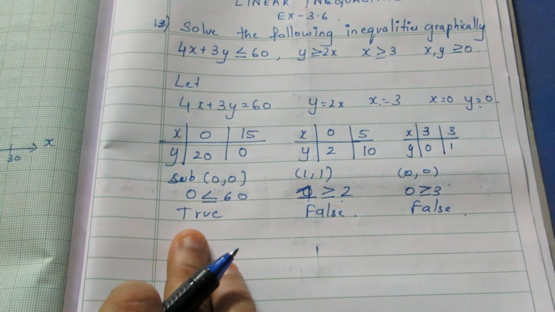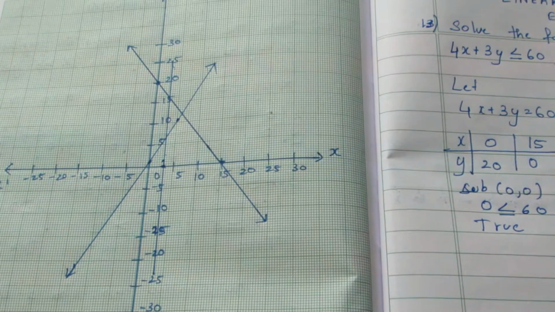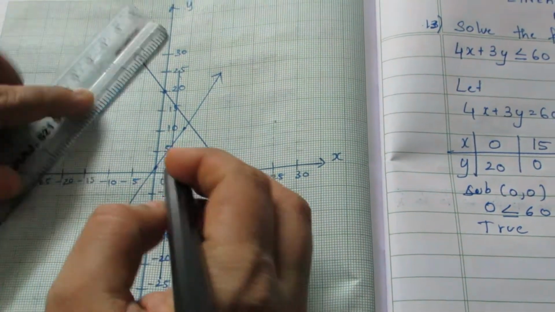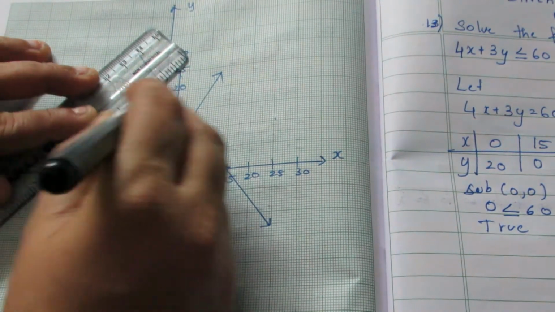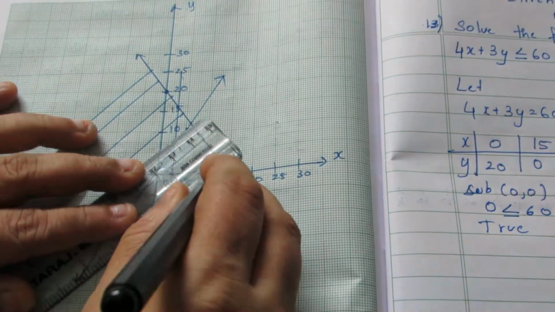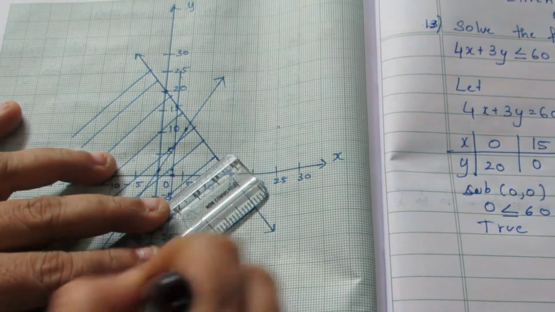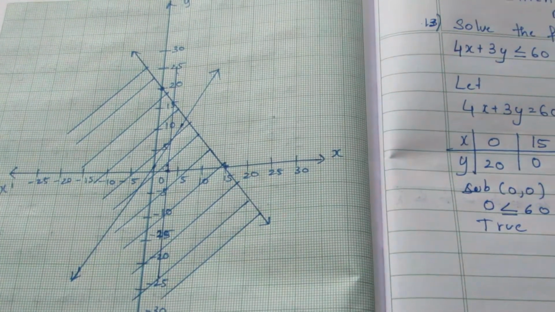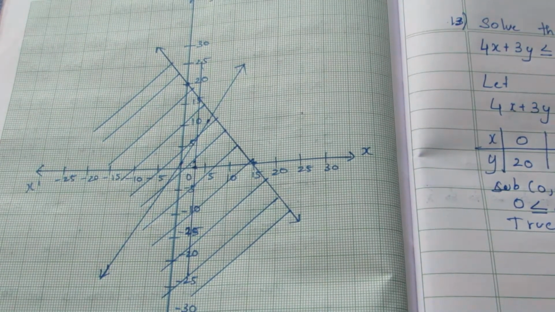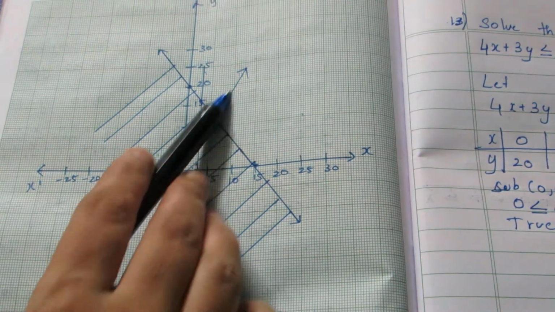Therefore, the shaded region will be towards the point. This is your first graph. The shaded region should be towards the point. So this is your shaded region. Now for the second one, it is false. Your second equation is here.